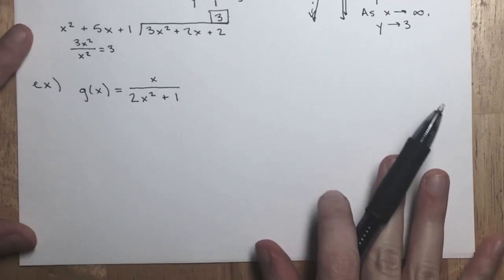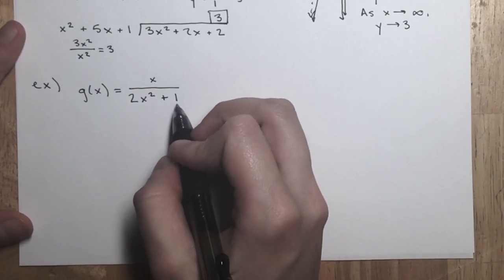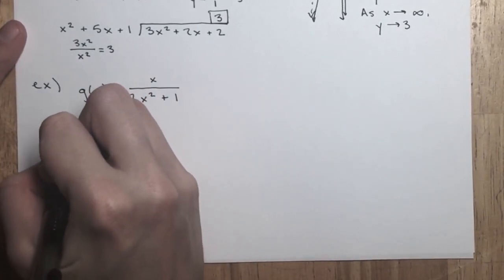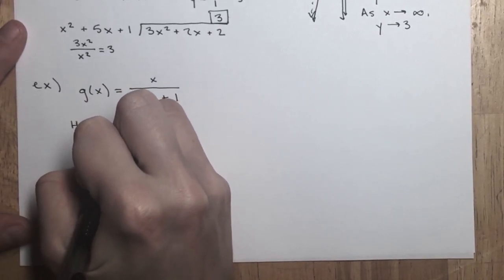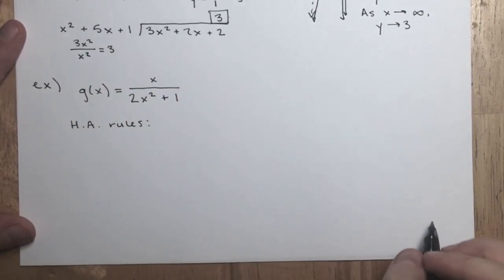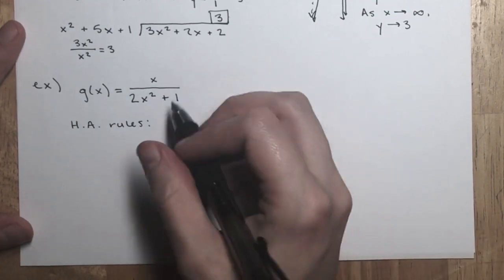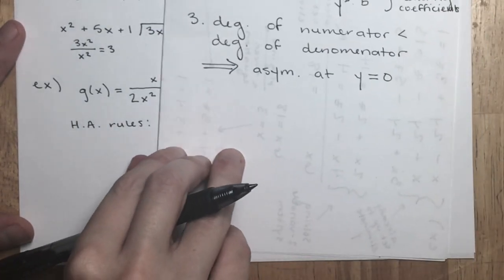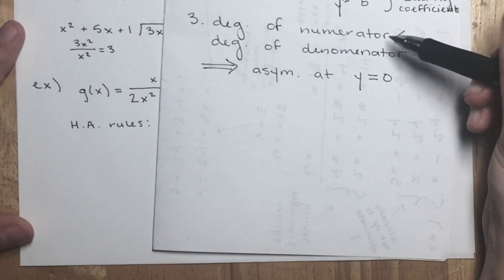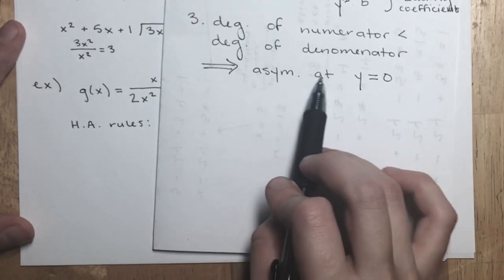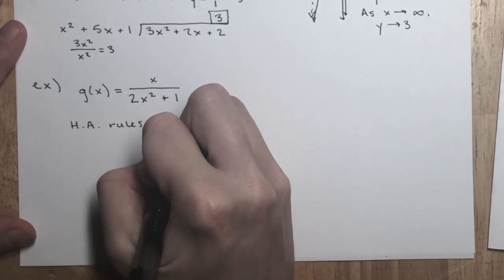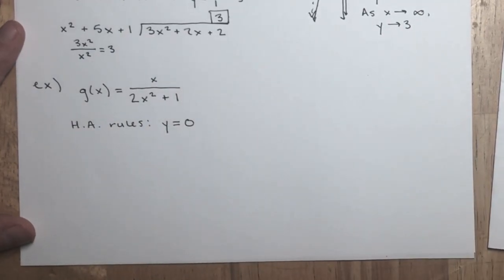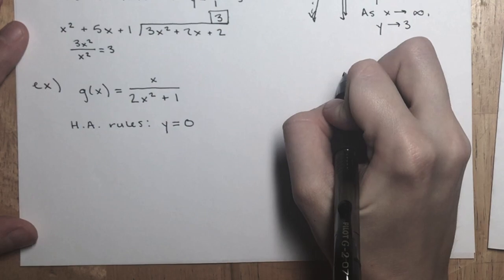So our horizontal asymptote rules say what? Well, larger degree in the denominator than in the numerator means that we have an asymptote at y equals 0. So y equals 0. Let's draw this graph.